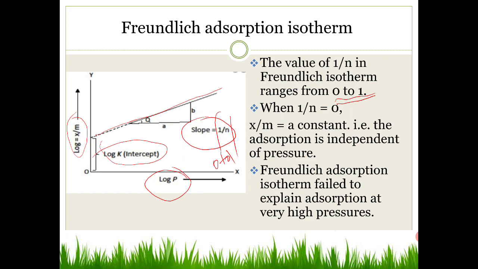And you have to understand one of the demerits of the Freundlich adsorption isotherm: it could not explain what happens to the adsorption when the pressure is very high. This is the demerit of the Freundlich adsorption isotherm.